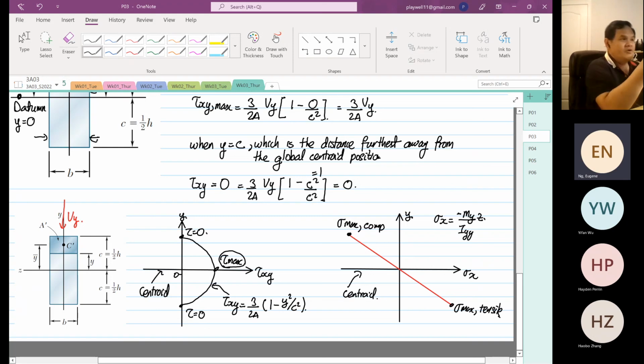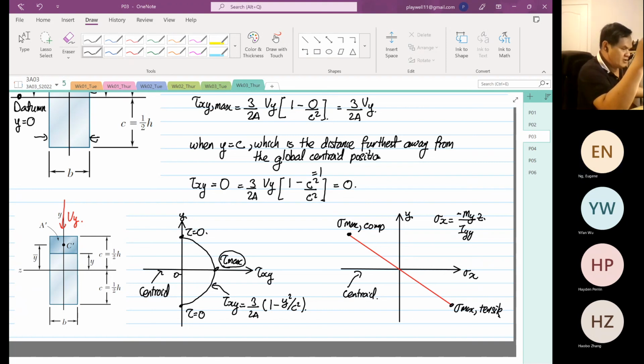Later on, we have to combine these two together: normal stress and shear stresses. So that's where we have to be really careful with the distribution trend. Okay. So the question is, where do you pick? Do you use the maximum normal stress, or your shear stress? It depends on your loading condition. Okay, that's all I can tell you for now.